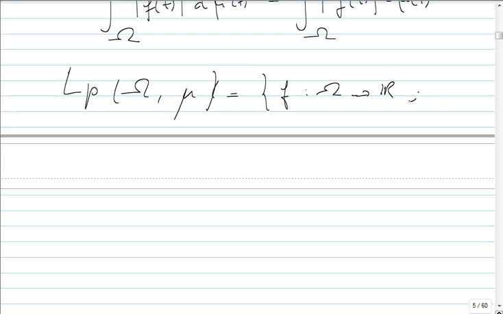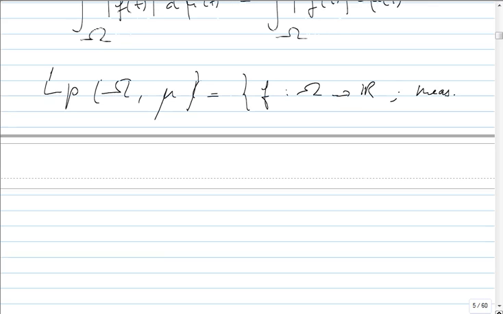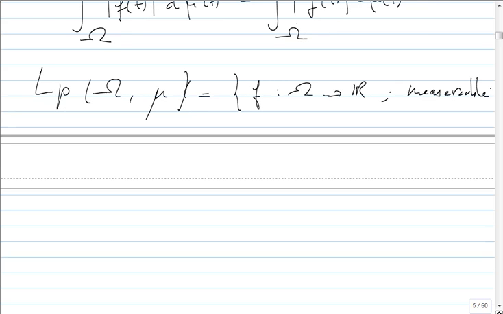So what is LP? Again, let's go back to LP over omega, mu. This is just a set of functions defined from omega into R such that it's measurable, of course, and the integral over omega of the absolute value of f of t to the power p d mu of t is finite.